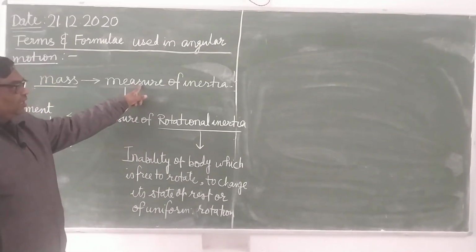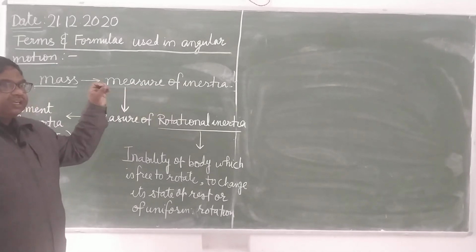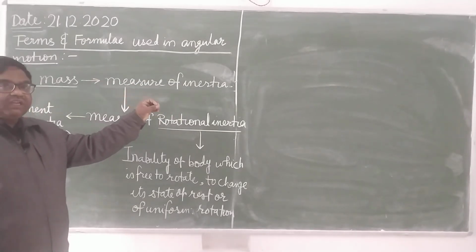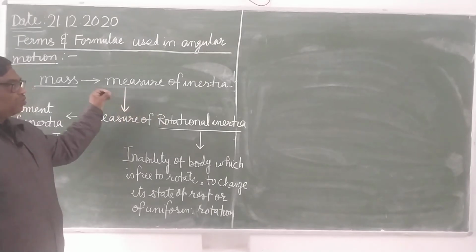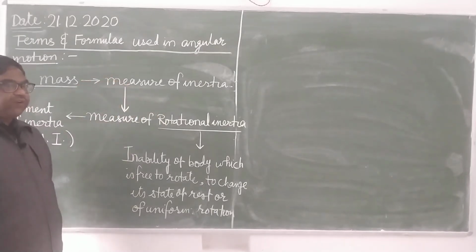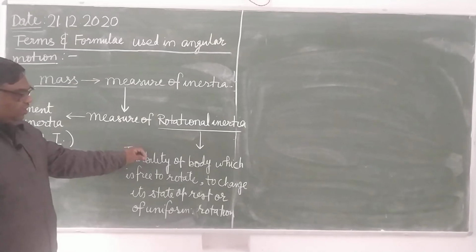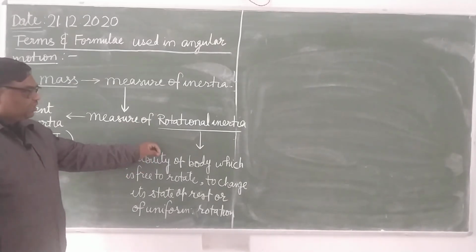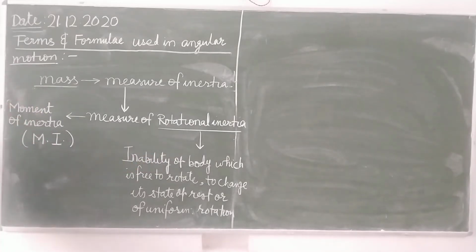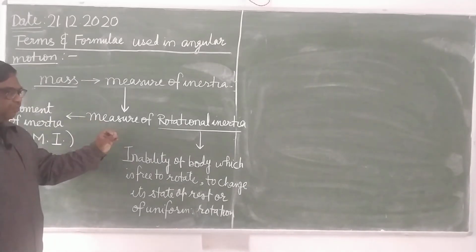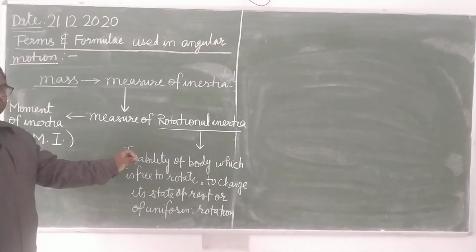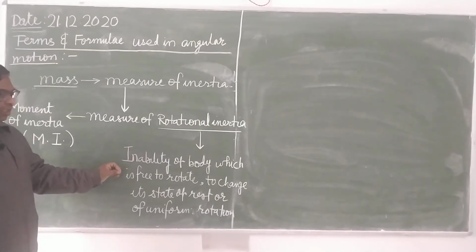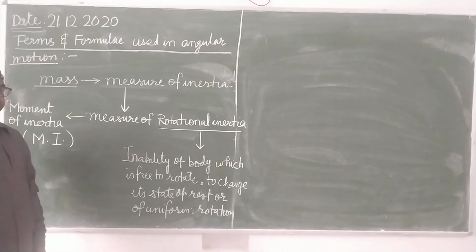Exactly like here, if inertia is more, then greater force will be required to initiate the motion, or to change the velocity of an already moving body. Similarly here, if moment of inertia is more, moment of inertia and rotational inertia have the same meaning. It is the inability of any body which is free to rotate about some axis to change its state of rest or of uniform rotation.